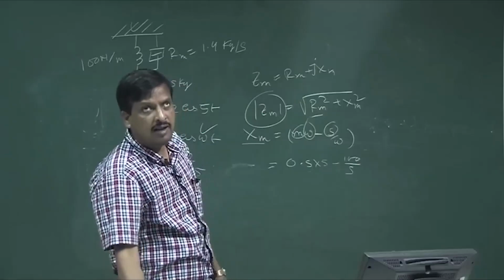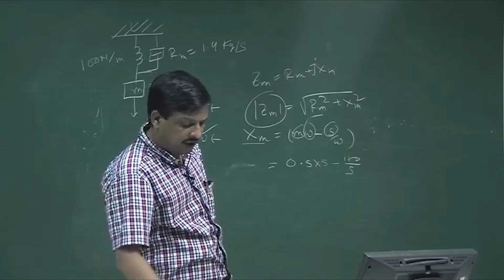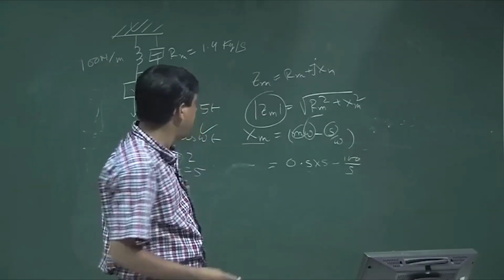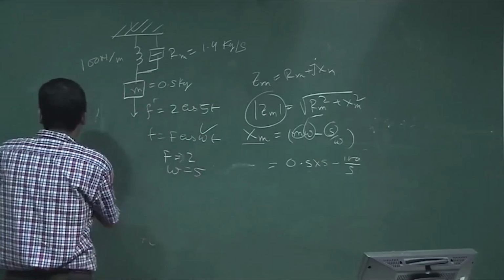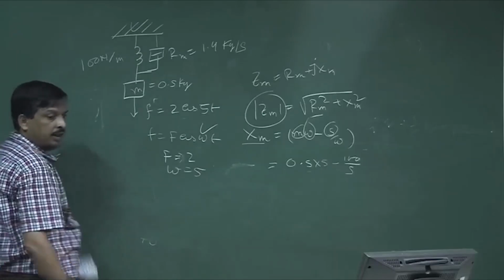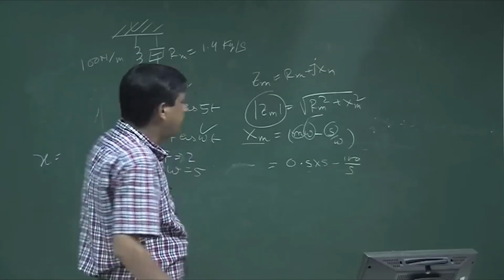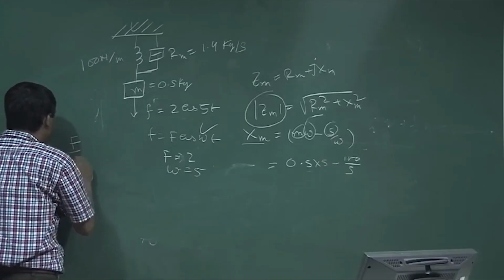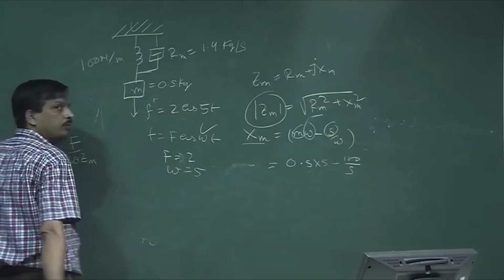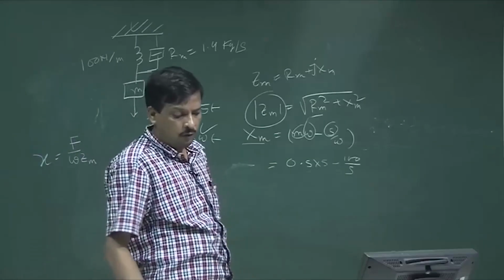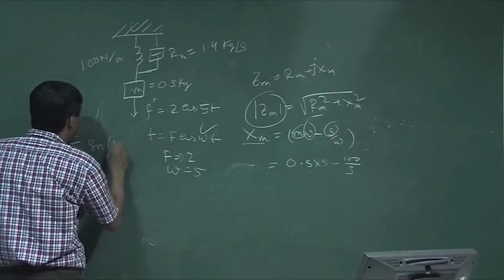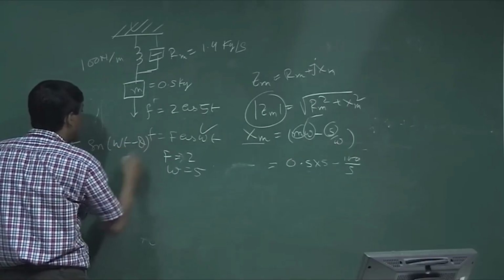Now, what is the expression of the speed amplitude? It is F by omega Zm, and the real part is F by omega Zm sin(omega t minus phi).